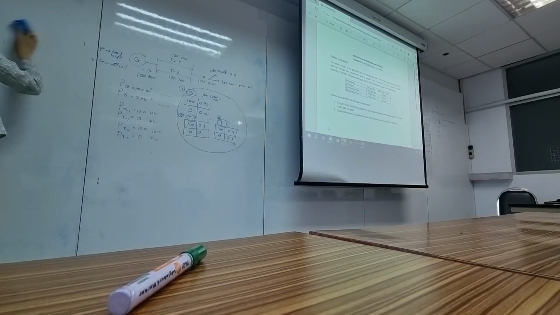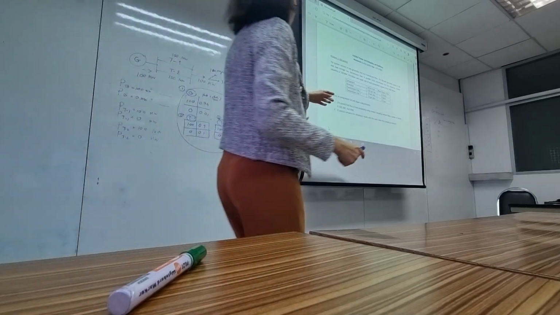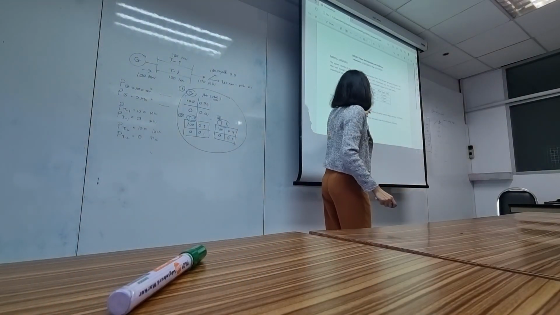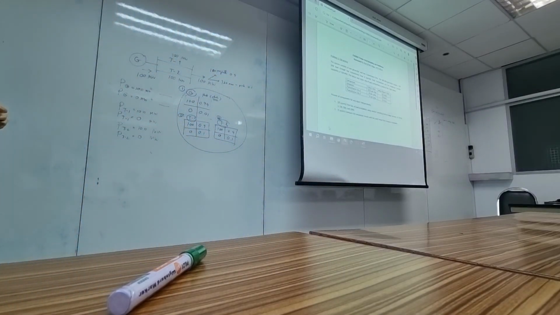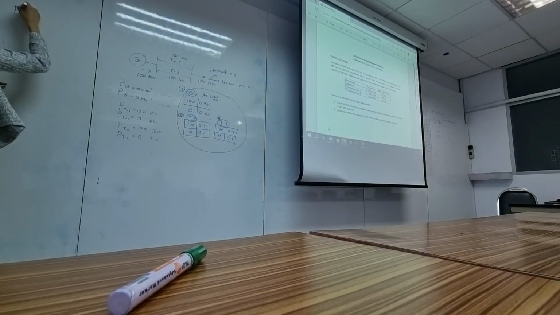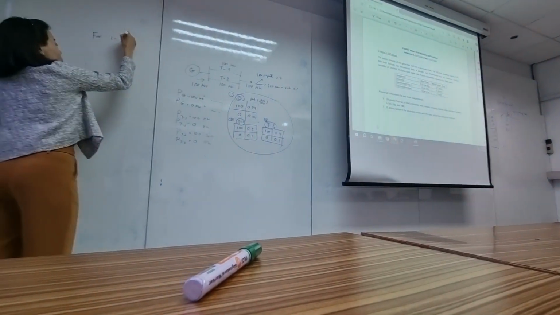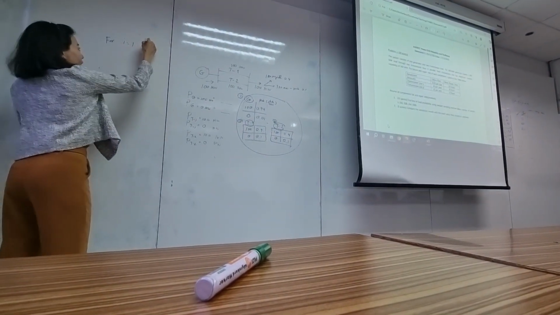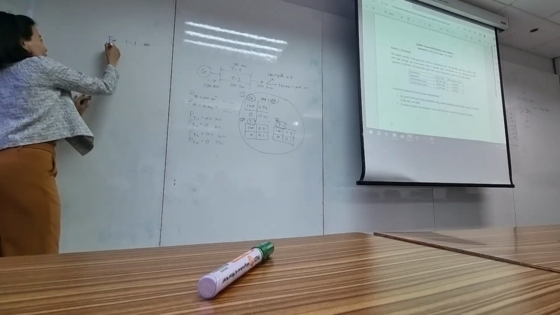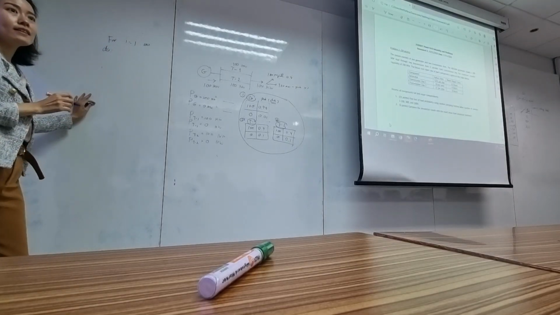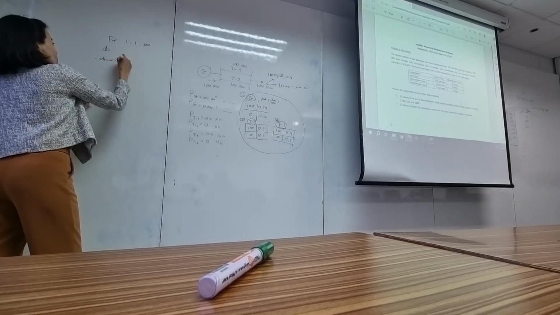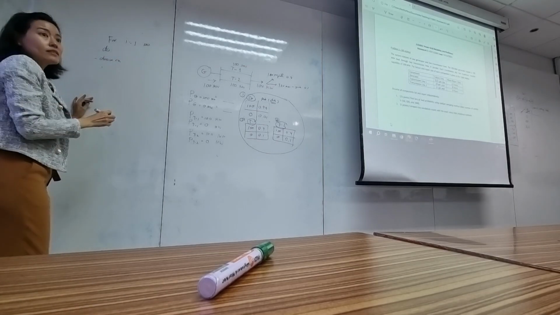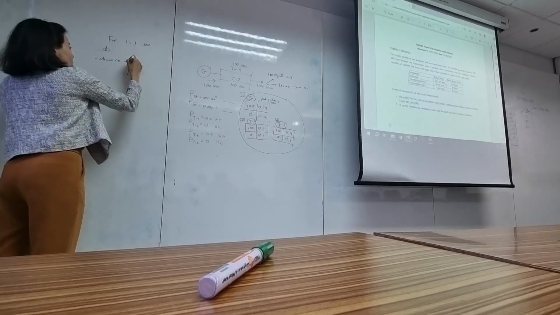It's given that find this when the number of samples is 100, 500, and 1000, right? So what you do is you write a for loop. For i equals 1 to 100, do what? First, draw a random number. What are the random numbers?